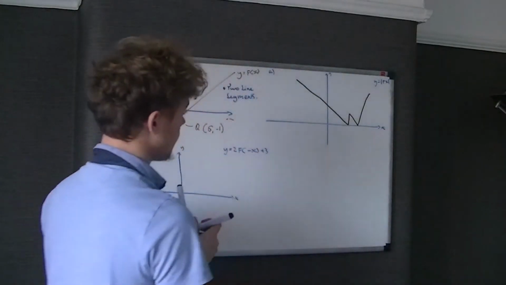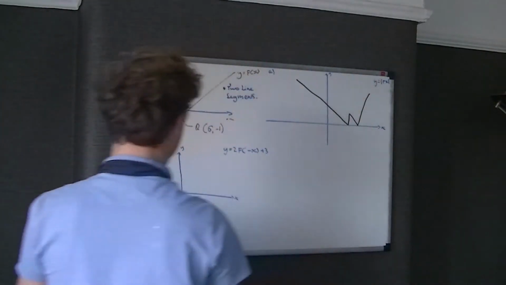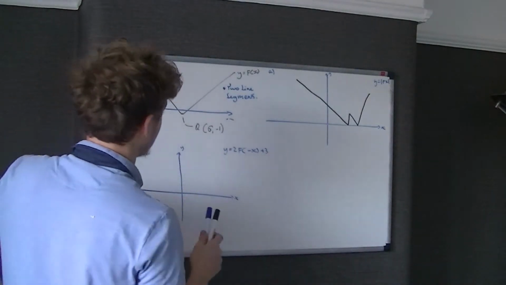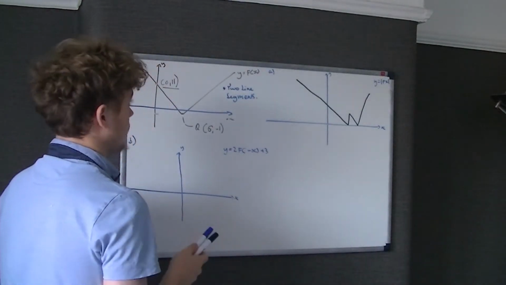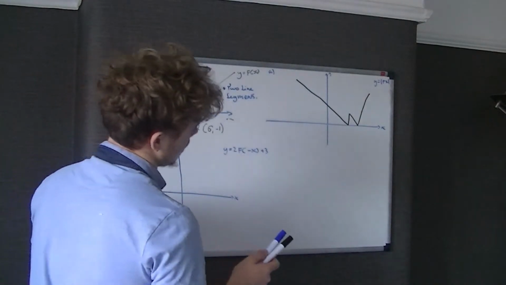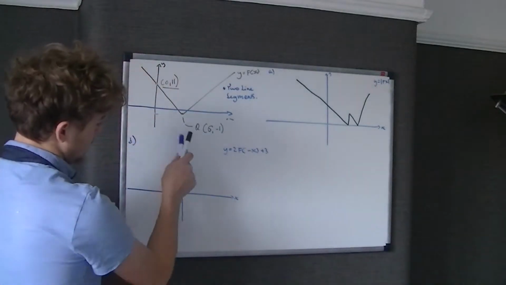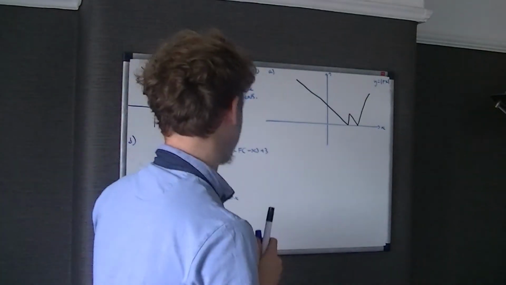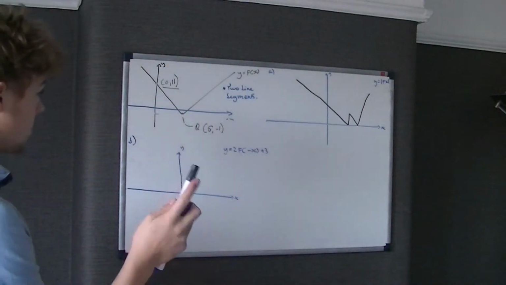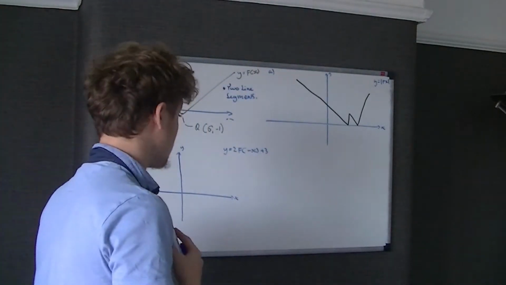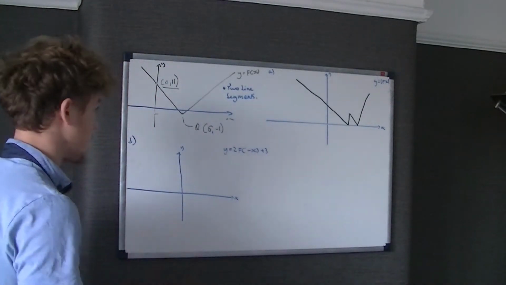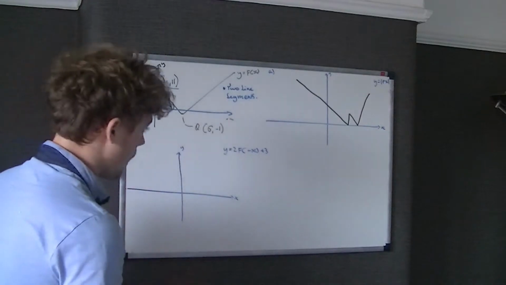So therefore, mine should continue to go on. But the key bits that I'll tell you about now. The y-intercept hasn't changed because the modulus of 11 is always going to be 11, and the y-coordinate doesn't change. But the vertex, that's (6, -1). If you input 6 and -1, because that is equal to the y-coordinate, you're going to get the positive version of -1, which is obviously going to be 1.